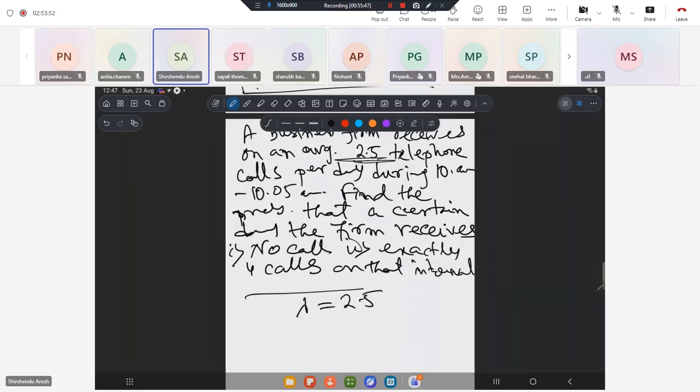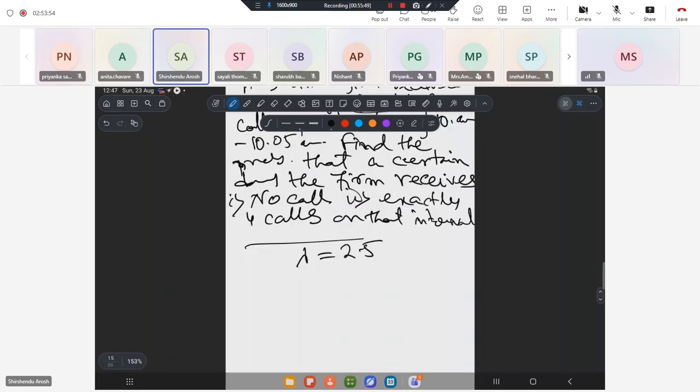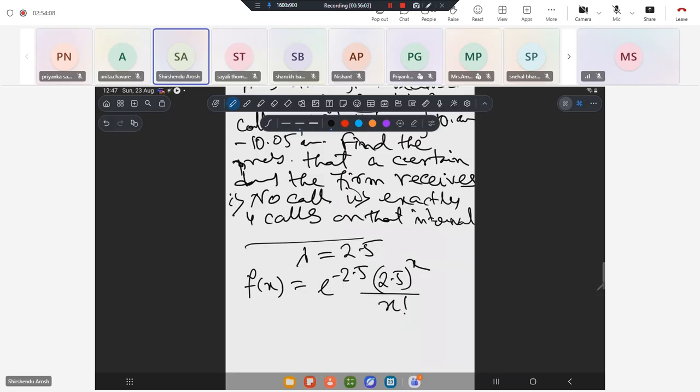So, this is the parameter I got. The equation would look something like this: e to the minus 2.5, 2.5 to the power x divided by x factorial. This is your PMF. First, no call should be there.